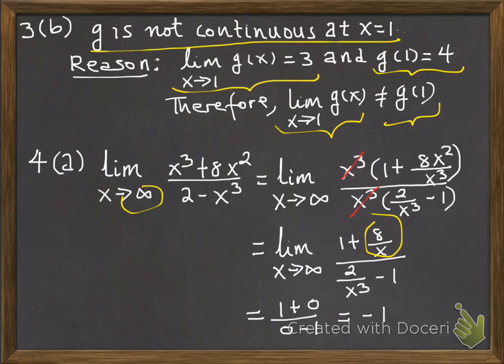When x gets larger, 8 over a large number gets closer to 0, and the same thing, 2 over a large number gets closer to 0. So this will be the answer, negative 1. So that is one way. I think almost all of you got this answer.